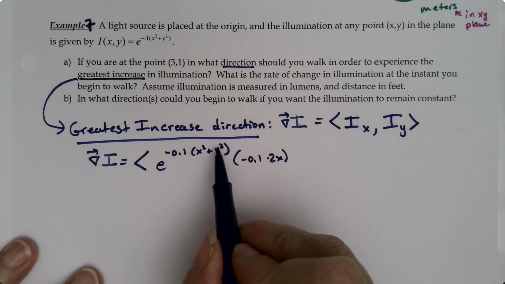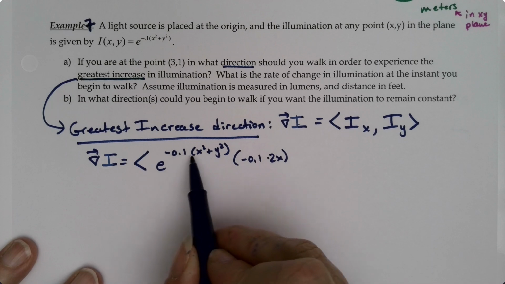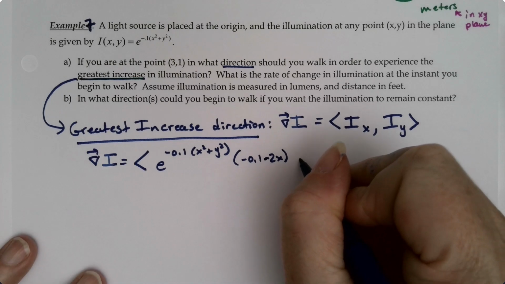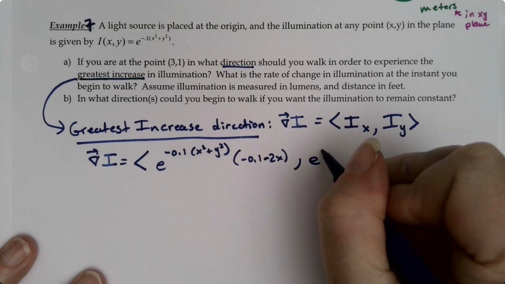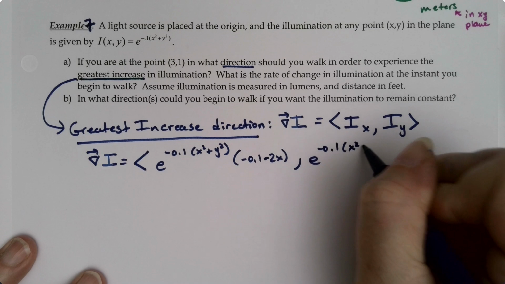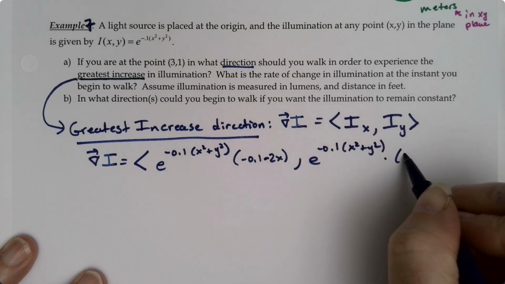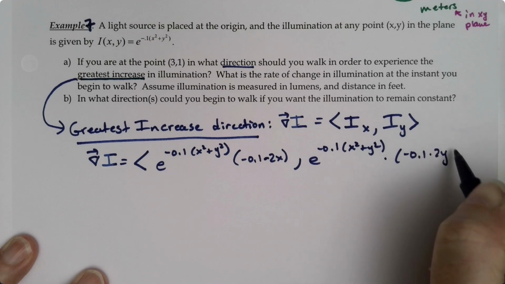Because the y squared is going to give you nothing and the negative 0.1 is a constant. So that's negative 0.2x, if you will. And then we're going to do it again for the other one. So e to the negative 0.1 times x squared plus y squared, times the derivative of the interior, which is negative 0.1 times 2y.